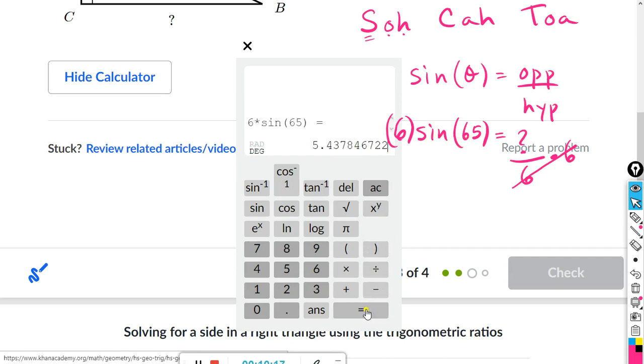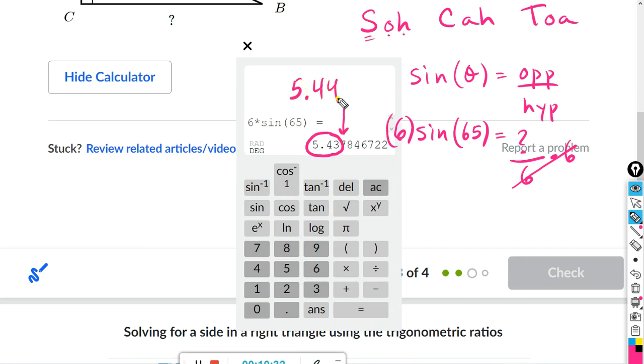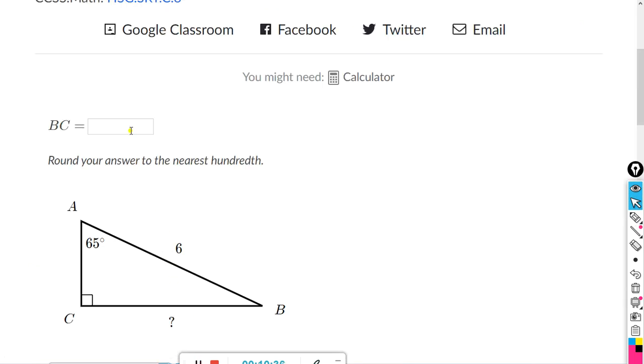Hit equals and round to the nearest hundredth. You look at the third decimal. If it's 5 or more, you round it up. So 5.43 becomes 5.44. Write in the box, 5.44.